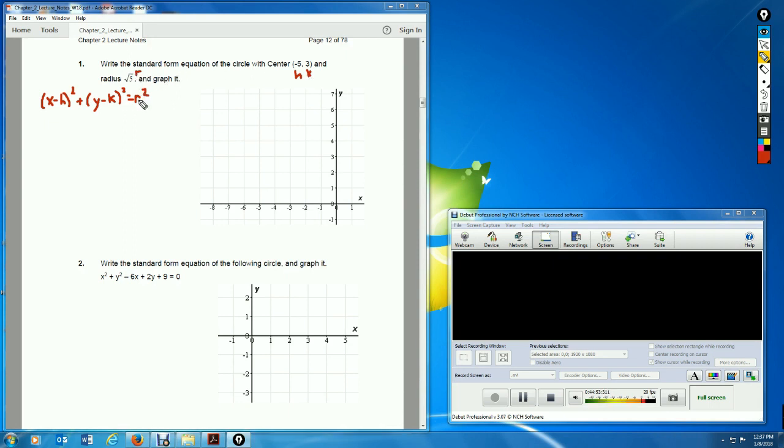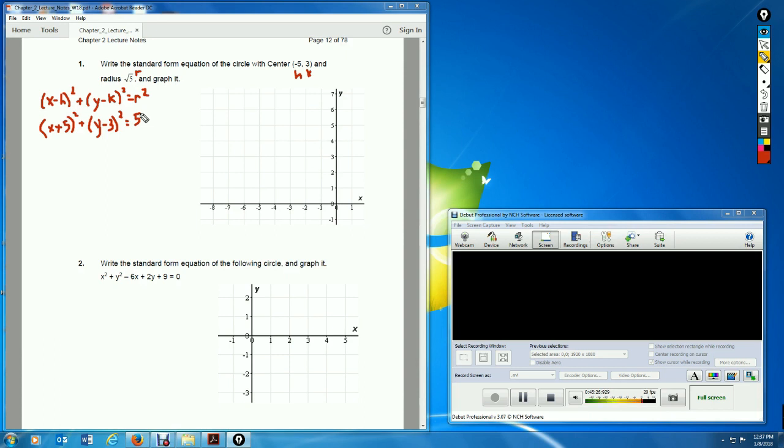So if we basically just substitute those values in, when I do x minus minus 5, it turns into x plus 5 squared, and then plus y minus 3 squared equals r squared. So the square root of 5 squared is 5.